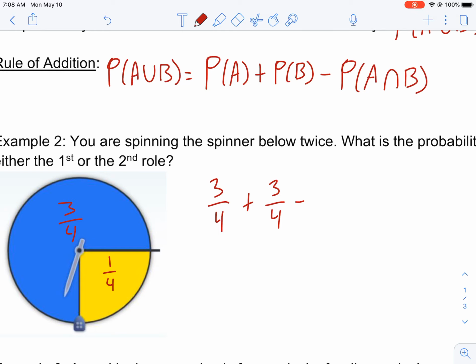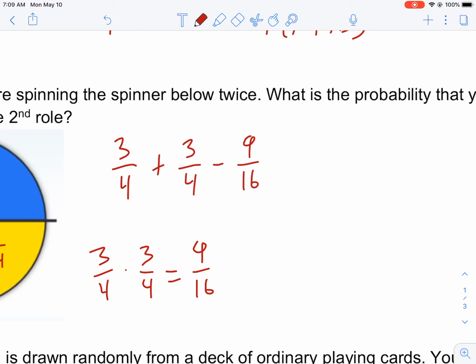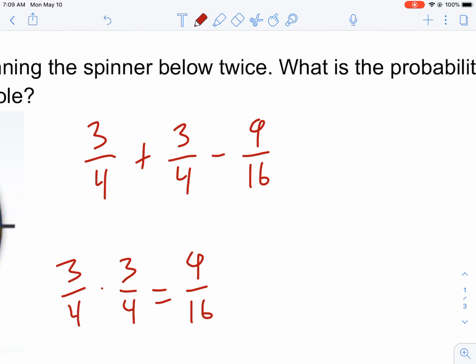So you have to subtract the probability that you get blue both times, which, as we know, is multiplication. So 3/4 times 3/4 is 9/16. So this is 3/4 plus 3/4 minus 9/16. And in order to do this, we have to turn this all into 16ths.